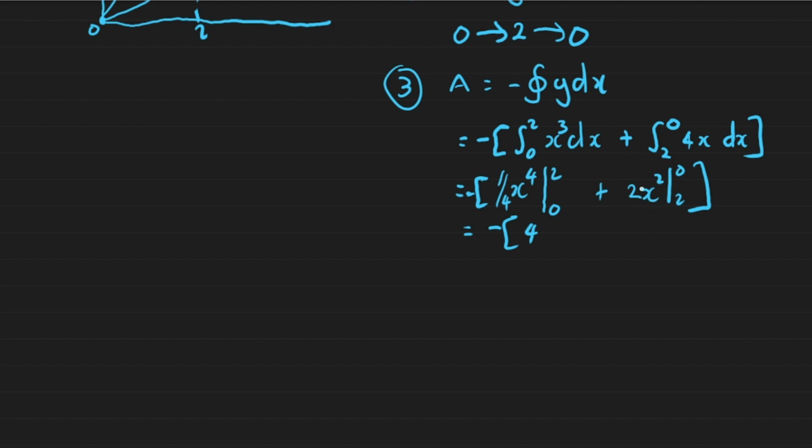And remember, it's minus now. So we put in 0, and the first term is 0. So the second term is minus 2 squared, which is 4, and 4 times 2 is 8. So 4 minus 8 is minus 4. Minus 4 times minus 1 in front is just 4.